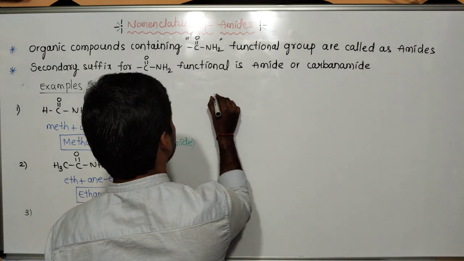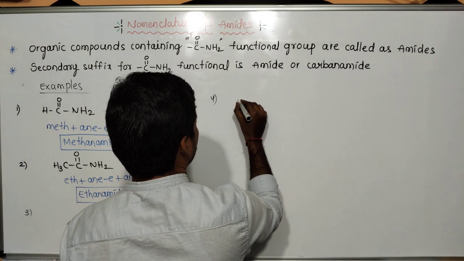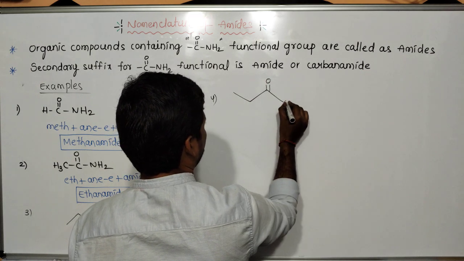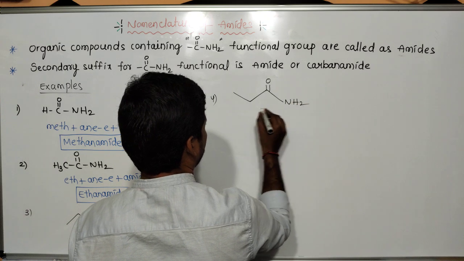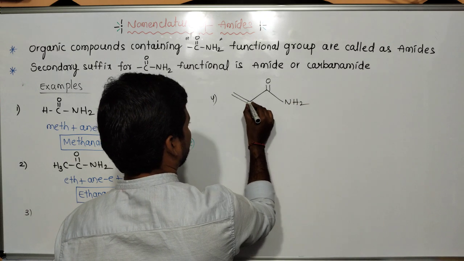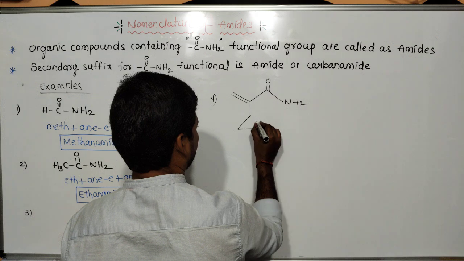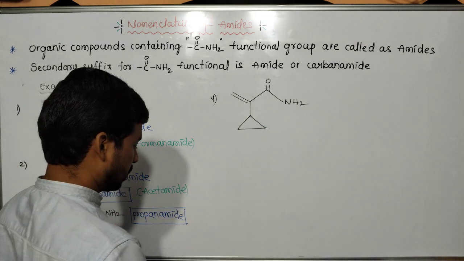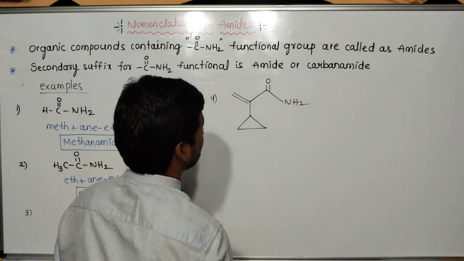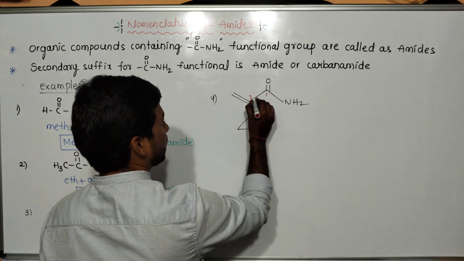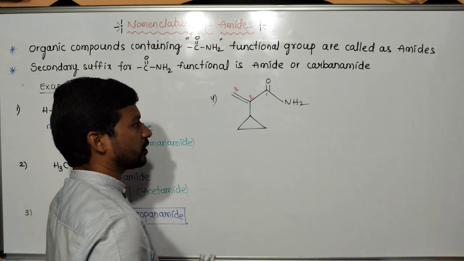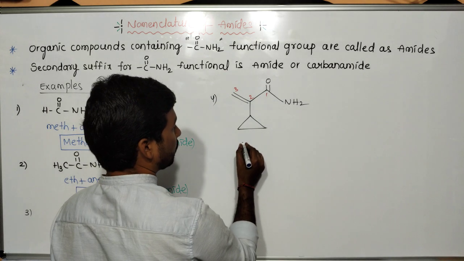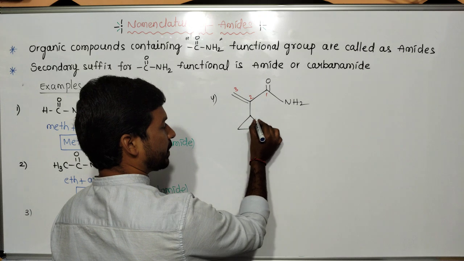The fourth one. This is the molecule. Count the number of carbon atoms in the parent chain. The open chain is the parent chain because the open chain contains the functional group. Then the number of carbon atoms is 3. So prop. At the second position there is a cyclopropyl group.